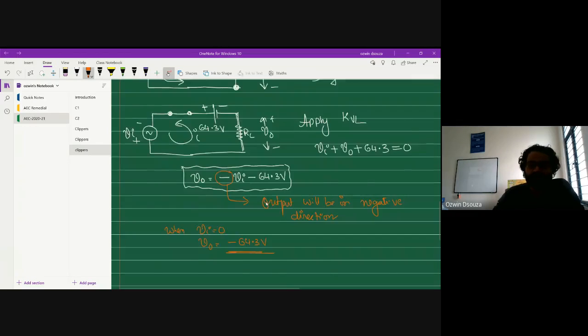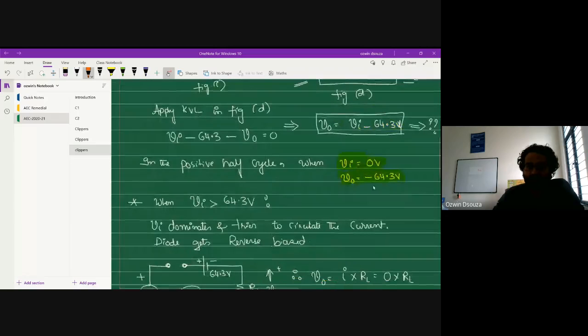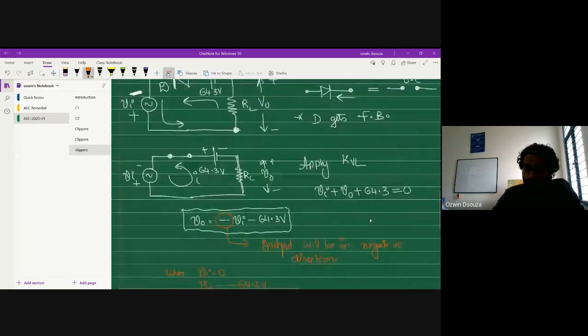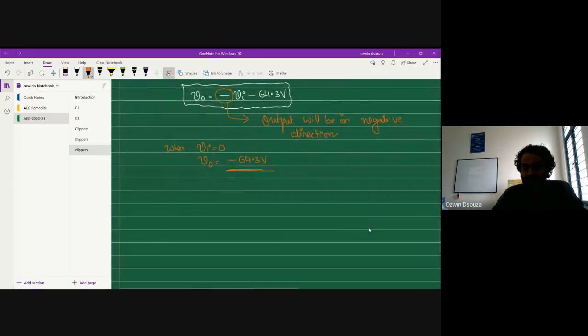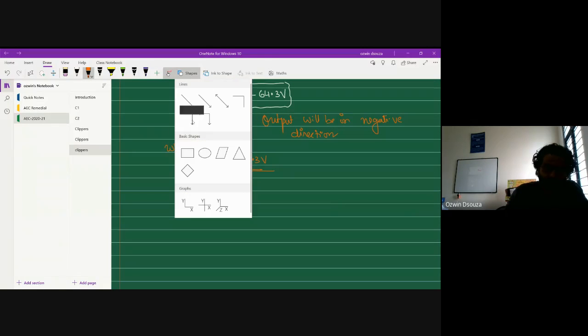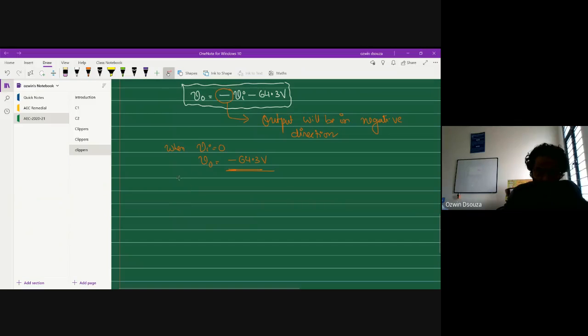So instead of the output waveform starting at 0 volt level, in this case the output is starting from the minus 64.3 volt level. So let's draw the waveforms, then you will be able to understand.